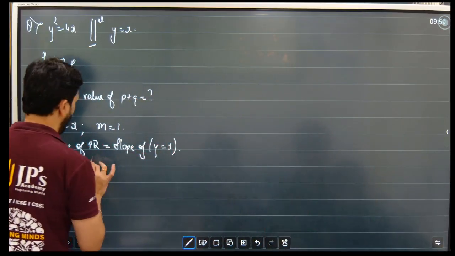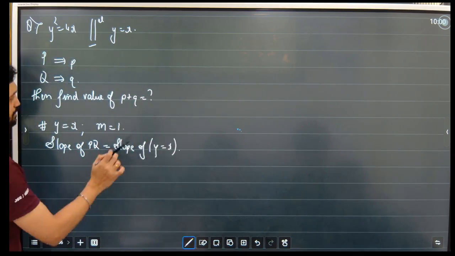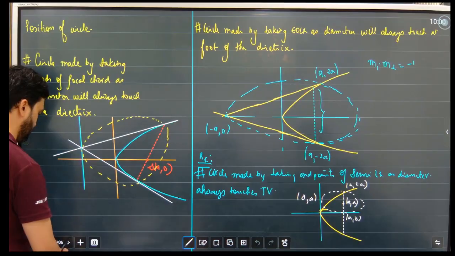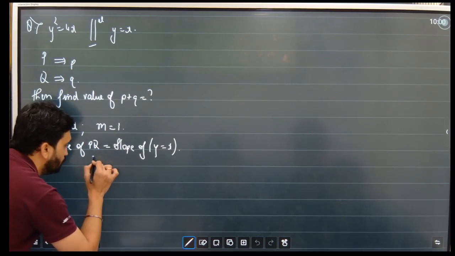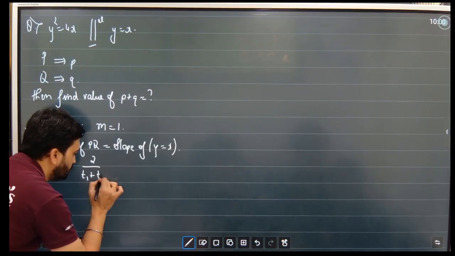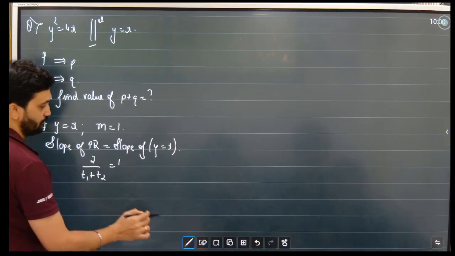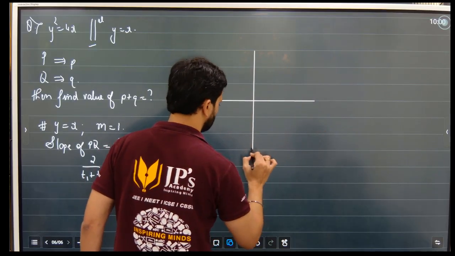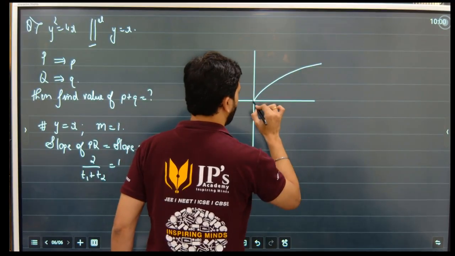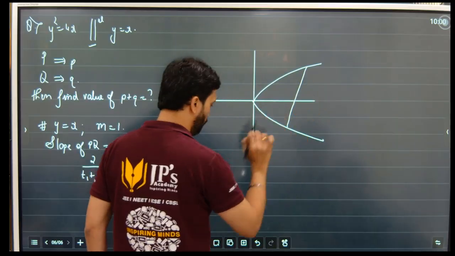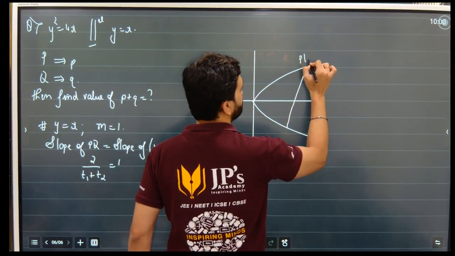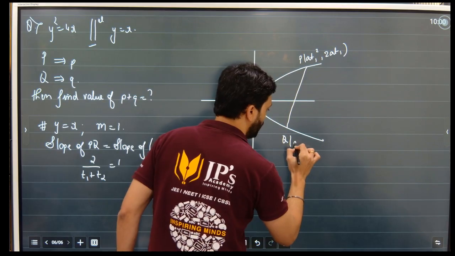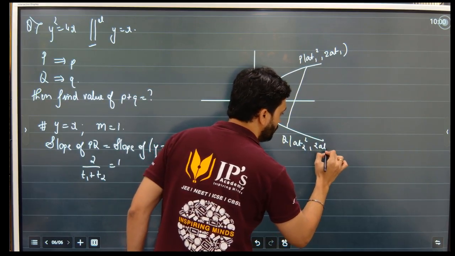Therefore, I know that P and Q are two parameters. If I take any two parameters, at square comma 2at, I will get 2 upon t1 plus t2 is equal to 1. Now how did I get 2 upon t1 plus t2? Imagine this is the parabola. This is any chord, not the focal chord. So I'll take P as at1 square comma 2at1, and Q as at2 square comma 2at2.